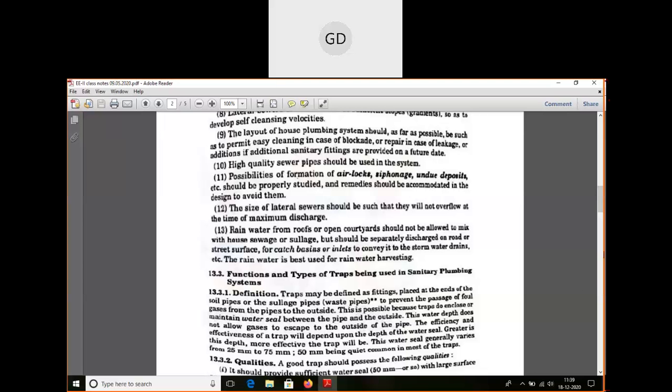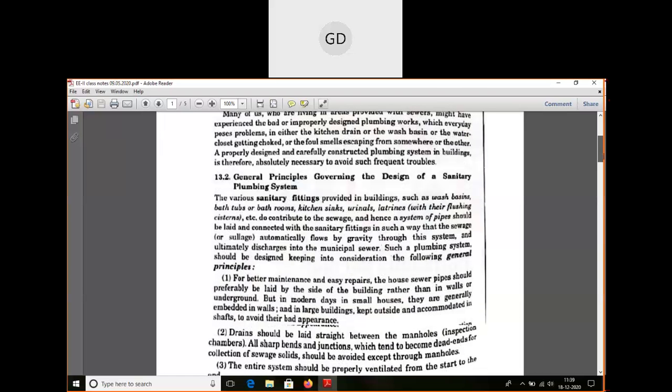So these are the general principles that should be kept in mind while designing the plumbing system.